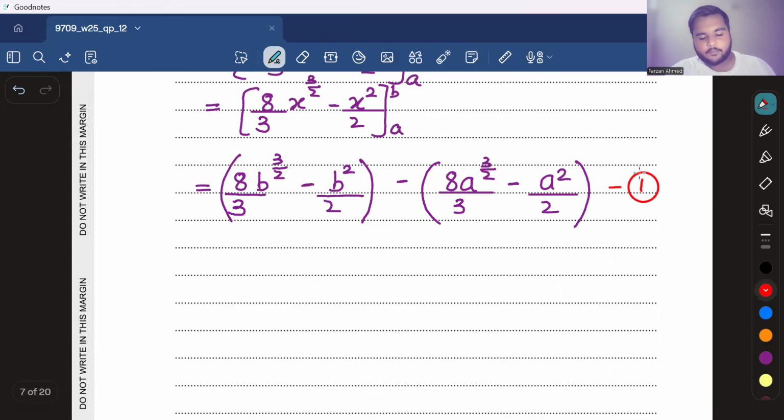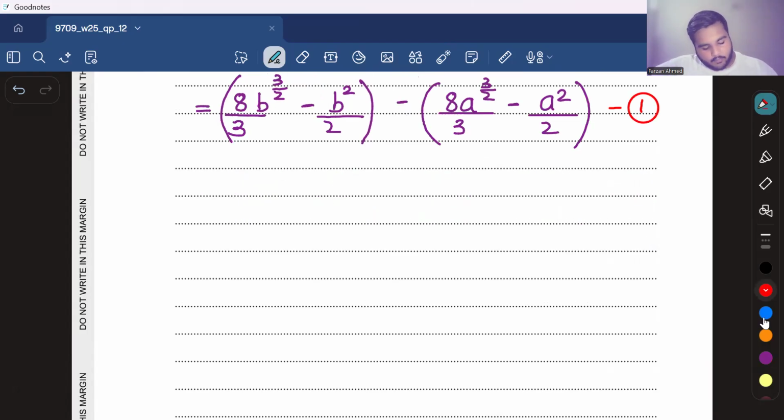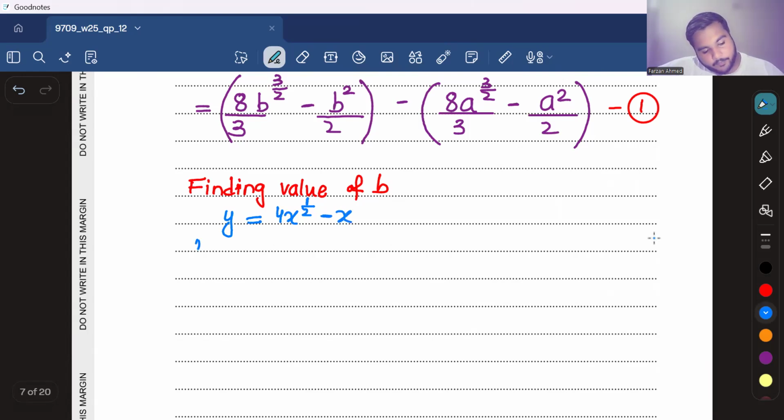Now we are finding the value of b. We have the equation y is equal to 4x to the power 1 upon 2 minus x. So we will put b comma 0. In the place of y, we will write 0, and 4 b to the power 1 upon 2 minus b.